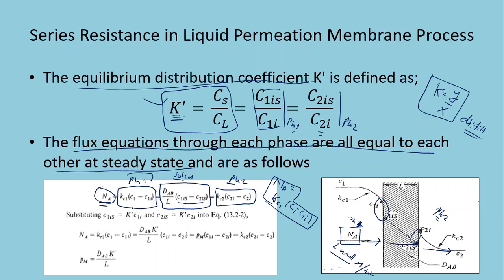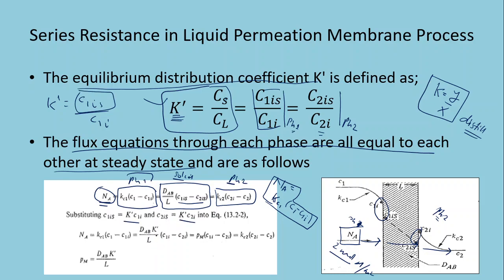Simply we have to substitute some values, for example C1IS and C2IS, because we know the relationship K dash is equal to C1IS upon C1I. So you can replace C1IS as K dash C1I, and C2IS as K dash C2I.